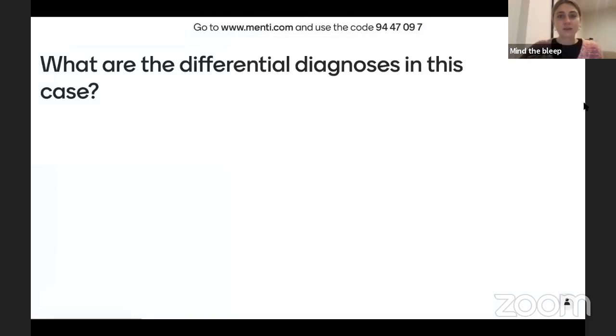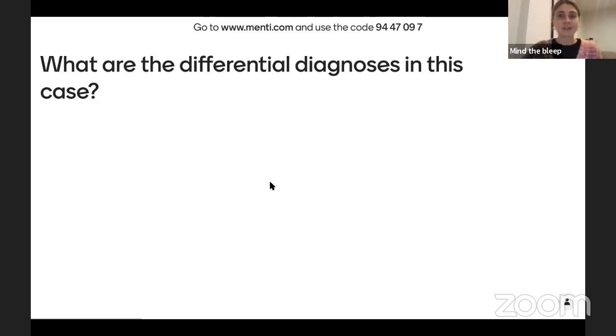So if you could go to www.menti.com, and use the code that you can see on the top of the screen, 9447097, to log onto the platform.